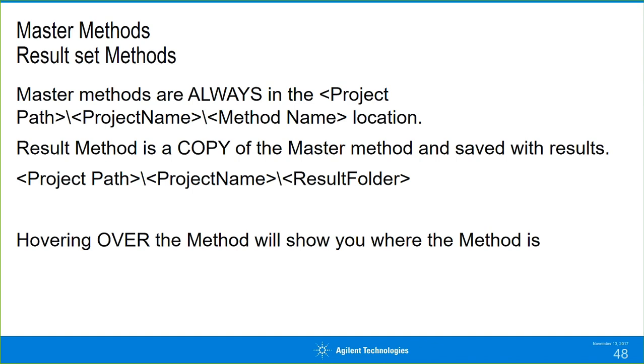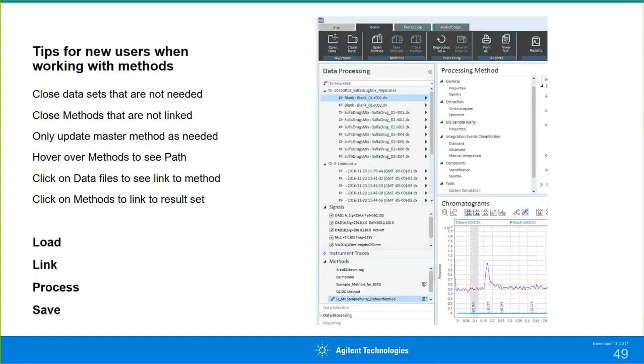You are not opening up a master method that is in the methods file folder. And if you get confused as to which one is open, you can highlight the method in the data analysis, and we'll take a look at that again one more time when we're looking at the method.